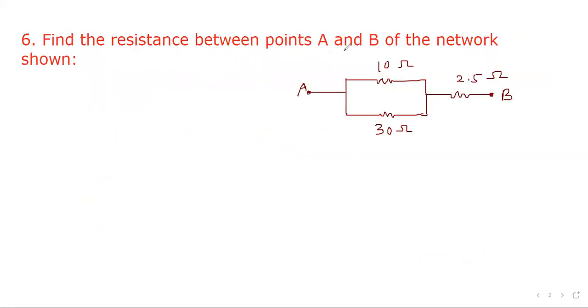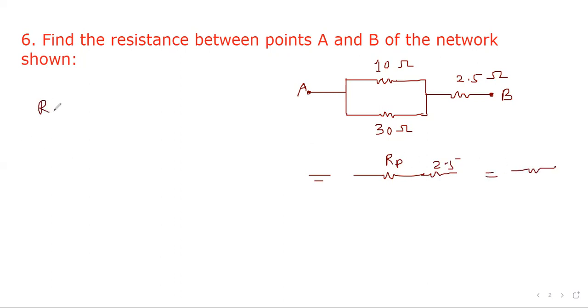Find the resistance between points A and B of the network shown. These two resistances are in parallel and this is in series. So first we will evaluate this. This will be equivalent to RP, and then this is 2.5, which will be equal to the sum of the two.